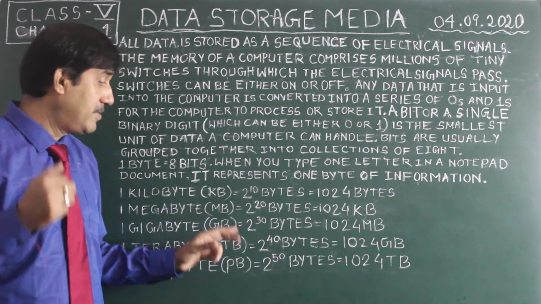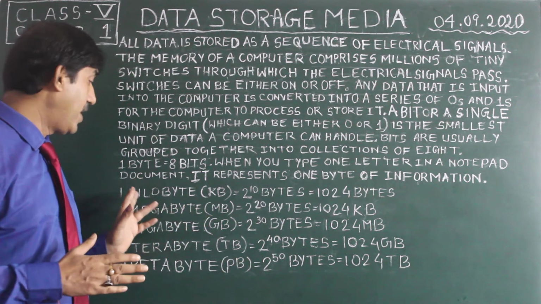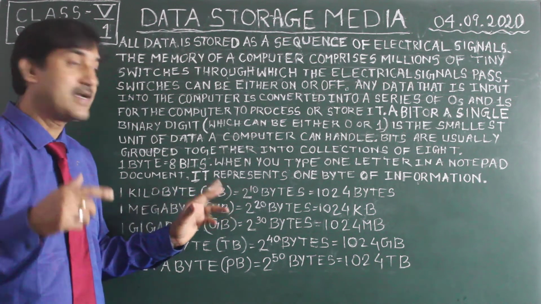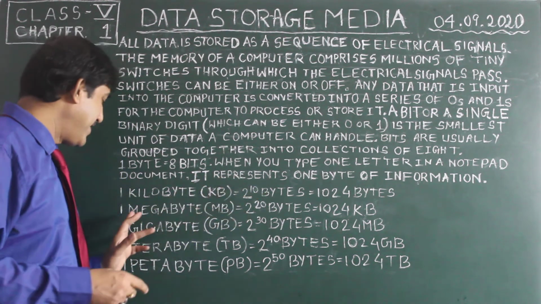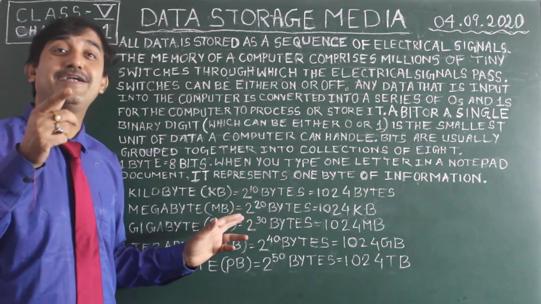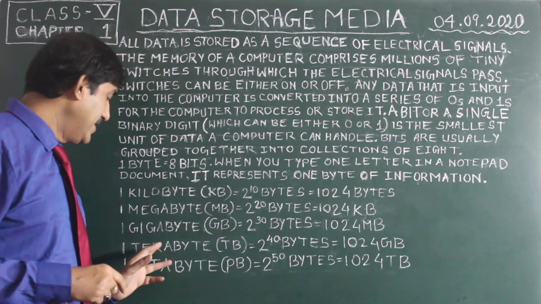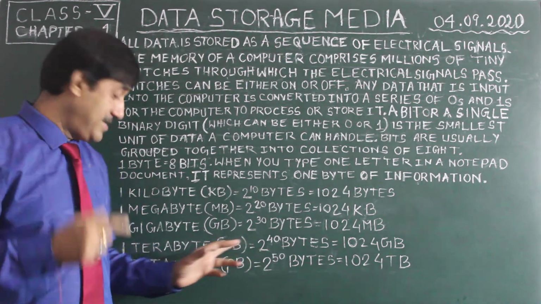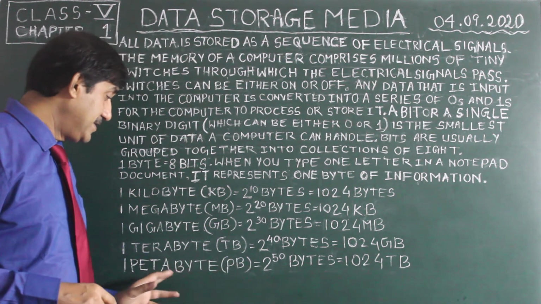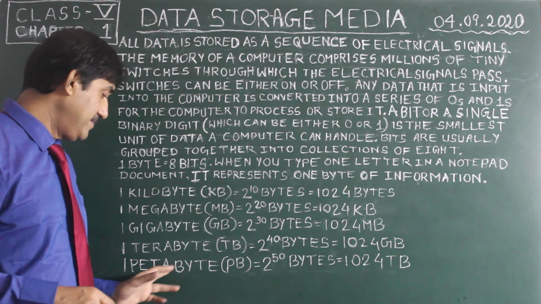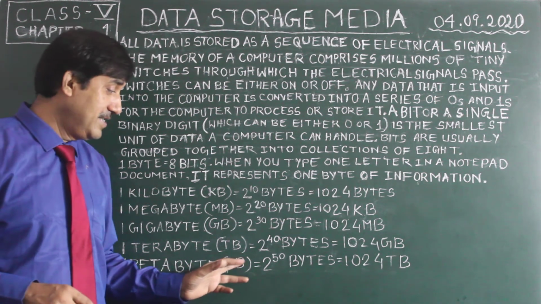How will it be remembered? If you forget, 1 KB you can make 2 to the power 10, then you can write 1 MB is 2 to the power 20, 1 GB is 2 to the power 30, 1 TB is 2 to the power 40, and 1 petabyte, PB, is 2 to the power 50.